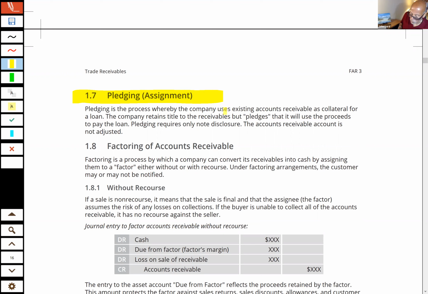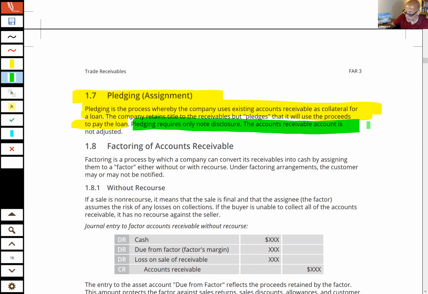So when we have pledging, we basically pledge the receivables as collateral for a loan. If that's the case, then we leave the receivable on the books, and we do not remove it. And we also would have to footnote that we have pledged the receivable.